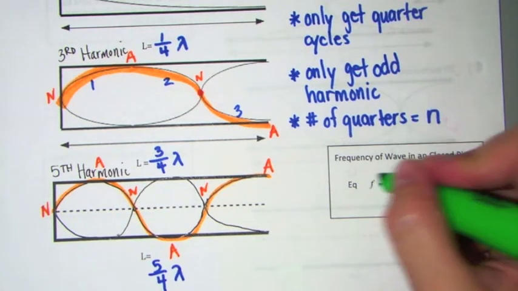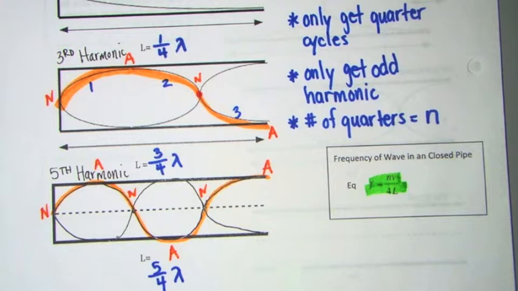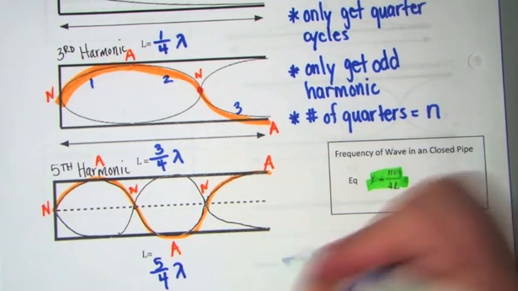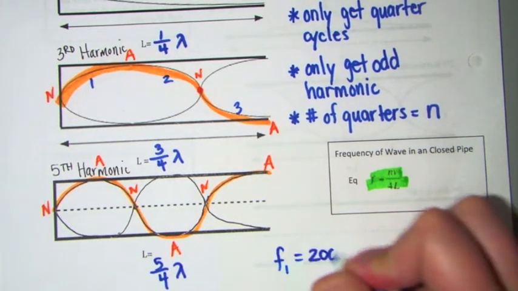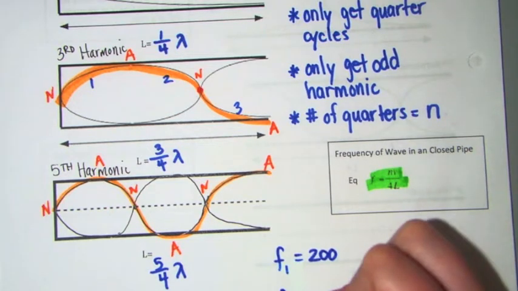The last thing that we need to know is the same thing we talked about with an open pipe. Everything after the first harmonic is a multiple of the fundamental frequency. Okay? All frequencies after the first are multiples of that first. For example, if I told you the frequency at the first harmonic is 200 hertz. So if I said f of 1 equals 200, find f of 5.